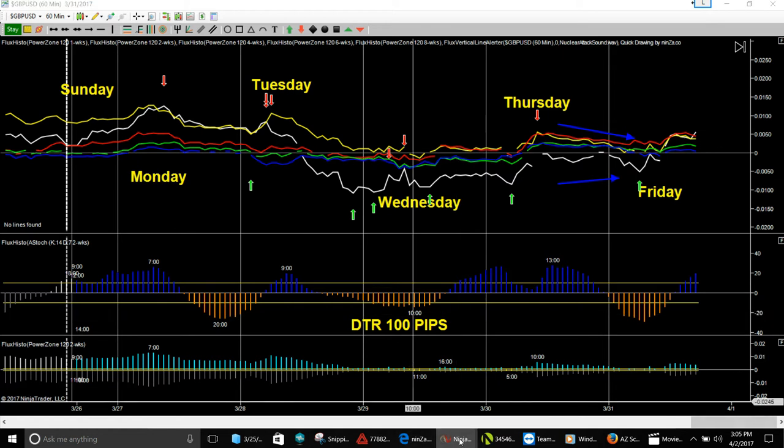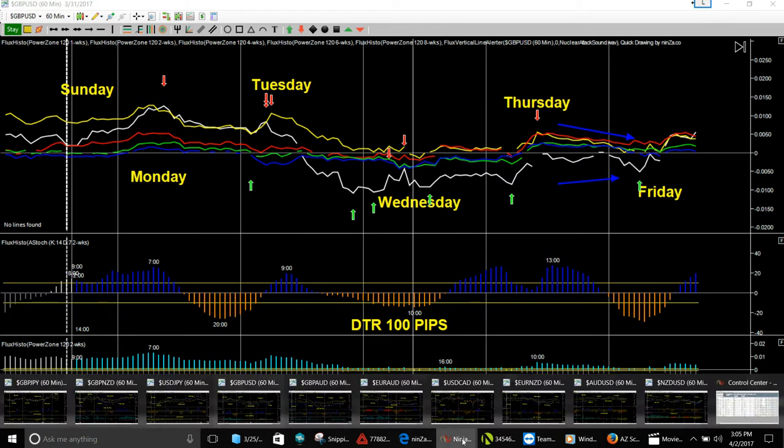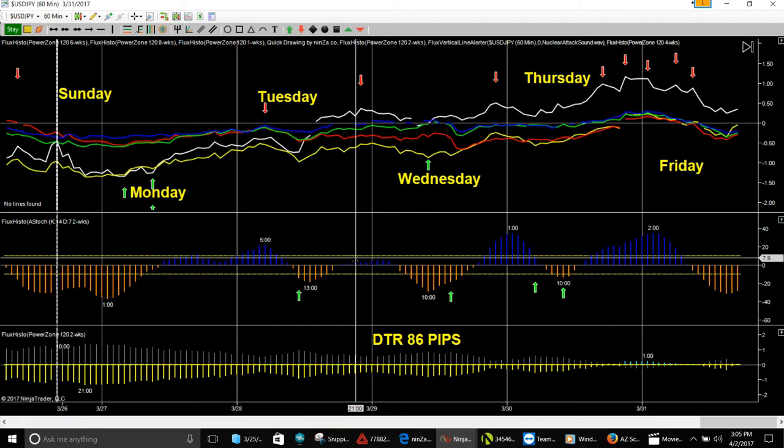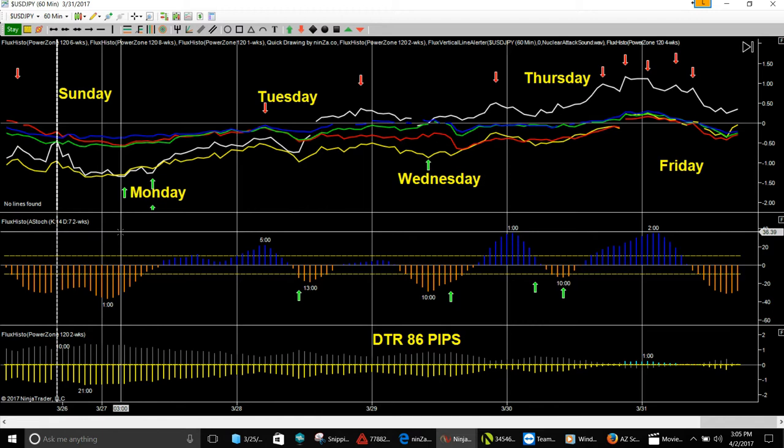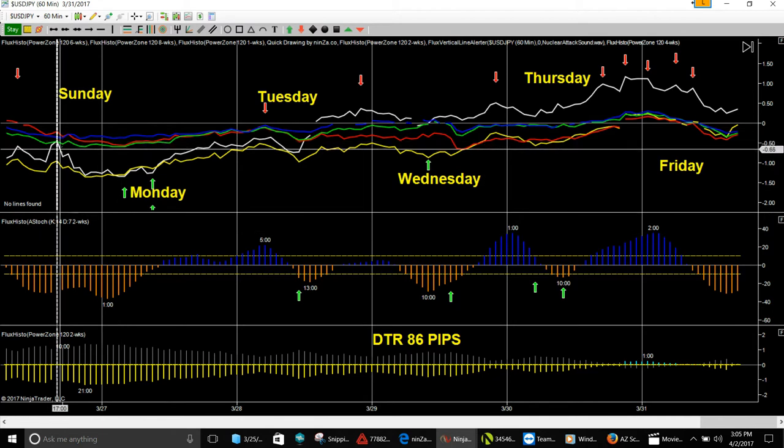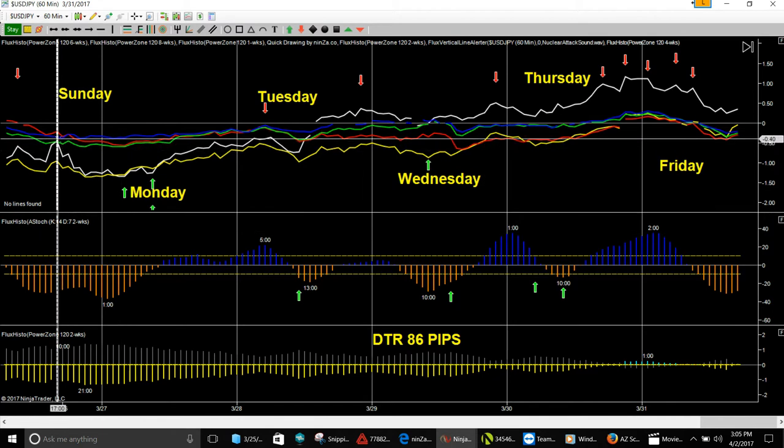All right, next up, traders, excuse me, I think it's going to be the US dollar JPY. This one looks pretty clear for a US dollar JPY. As soon as the market comes in, I'm actually short right now. This is probably the only trade I held over on the weekend.